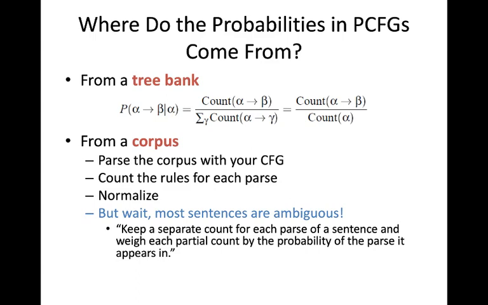But there's a problem, which is that most sentences in a corpus are going to be ambiguous. So you have to keep a separate count for each parse of a sentence and weight each partial count by the probability of the parse it appears in. So you do this kind of inside-out thing. People don't do this as much. People tend to do this.